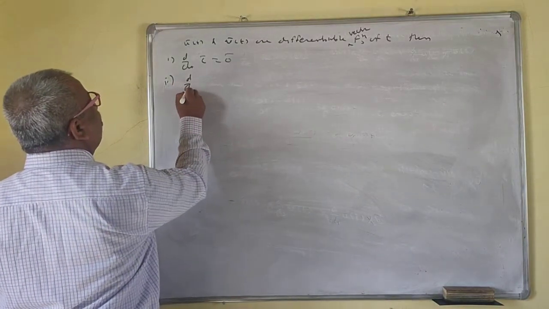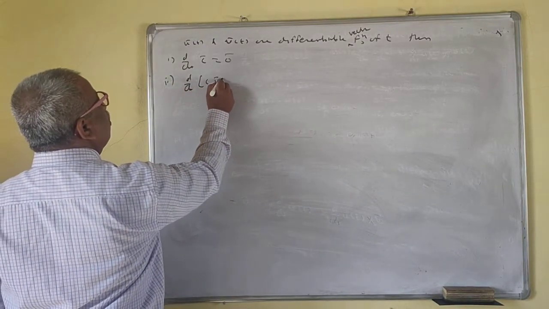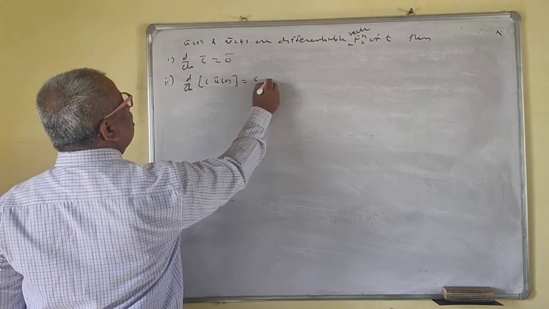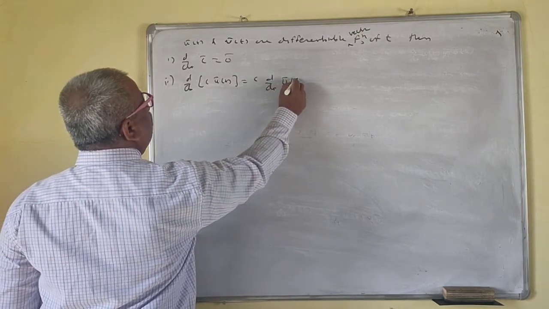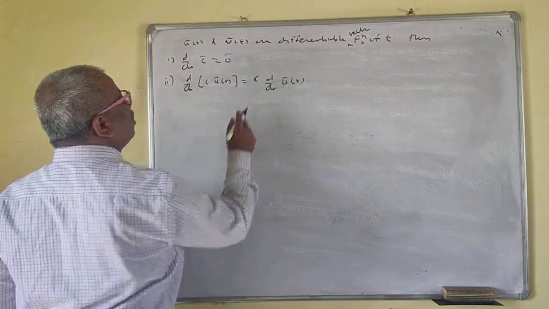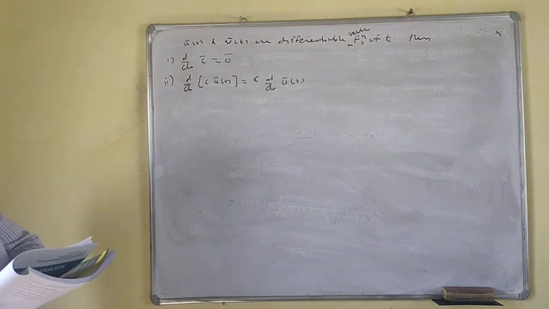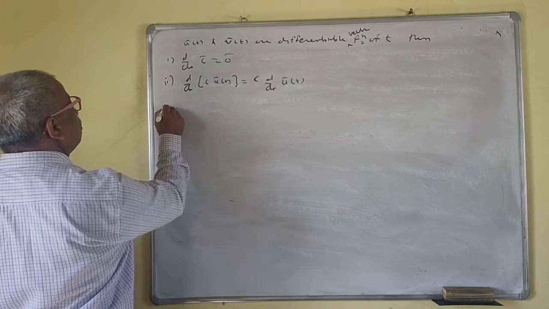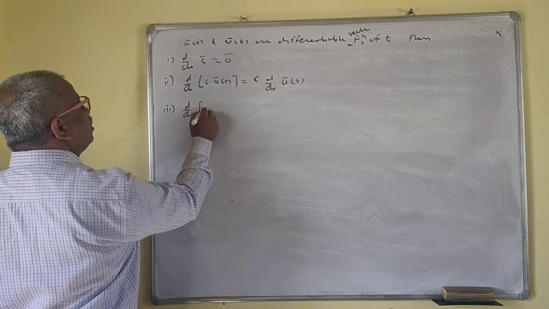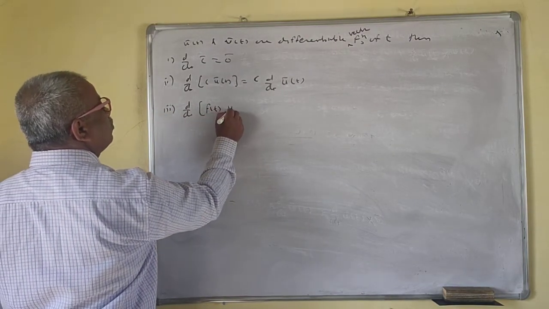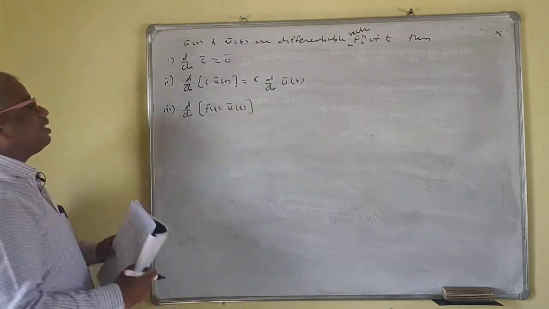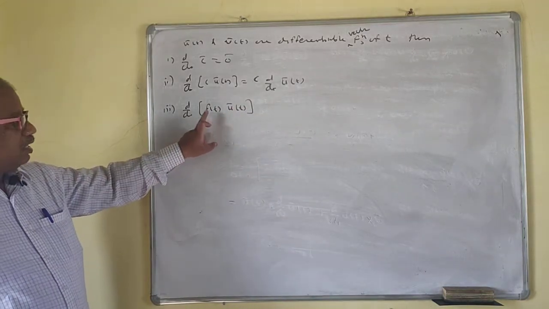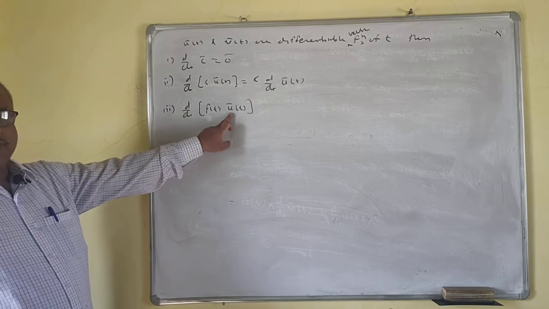Then d by dt of c u bar of t is equal to c d by dt of u bar of t. That means what? The constant you can put outside. Suppose d by dt of f of t into u bar of t, where f is a scalar function. This is not a vector valued function, this is a scalar valued function and this is a vector valued function.